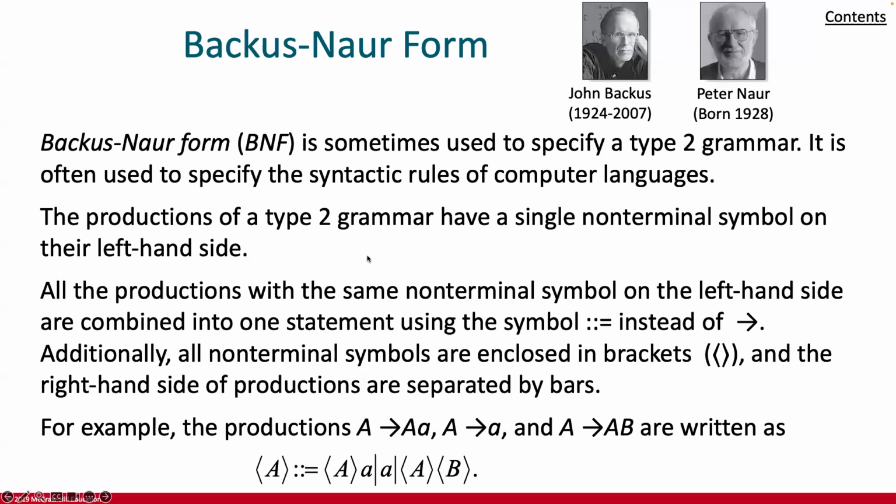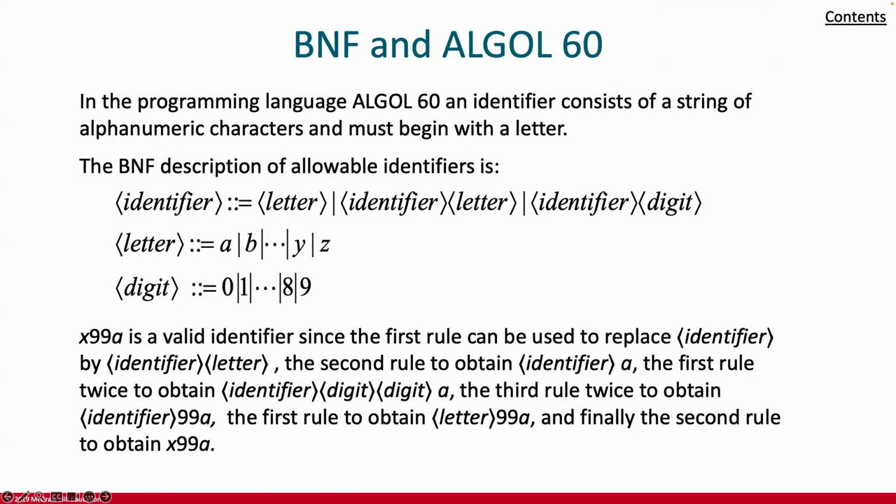All the productions with the same non-terminal symbol on the left-hand side are combined into one statement using the symbol that we have here instead of the arrow designation. Additionally, all non-terminal symbols are included in brackets, and the right-hand sides of the productions are separated by bars. So you can see the syntax there if you'd like to follow that in more detail.